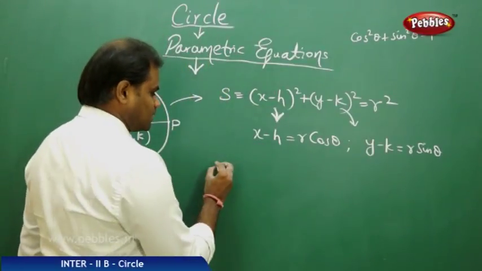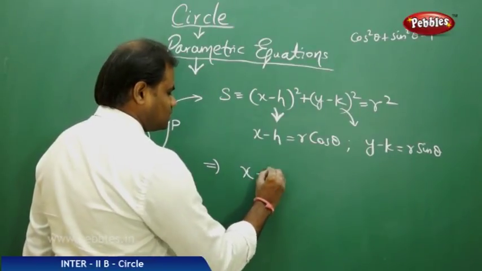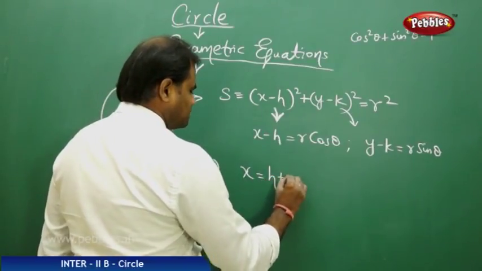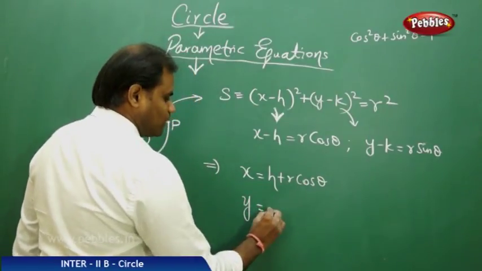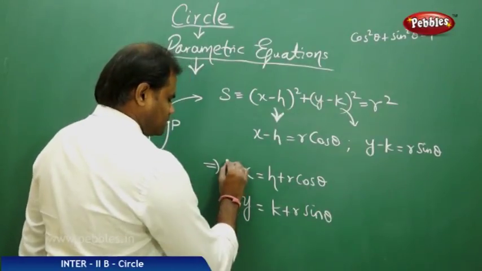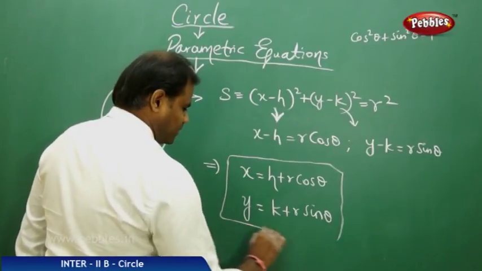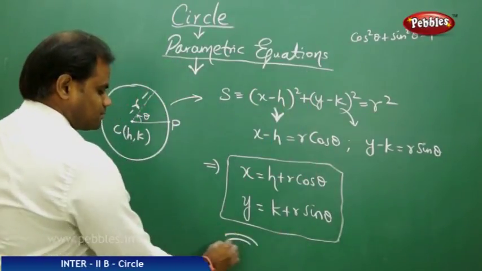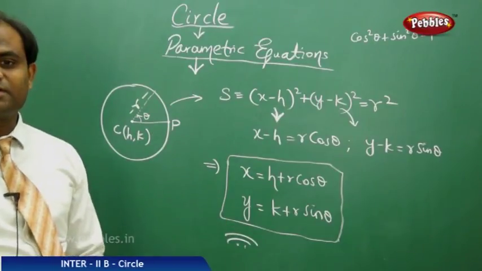So with this, I have the parametric equations where one is x equals h plus r cos theta and y equals k plus r sin theta, which are called the parametric equations of the circle with center (h, k) and radius r.